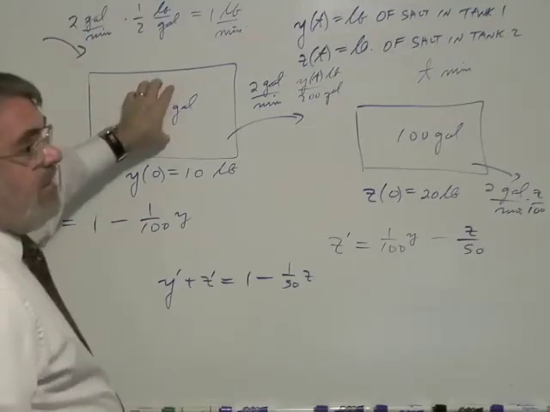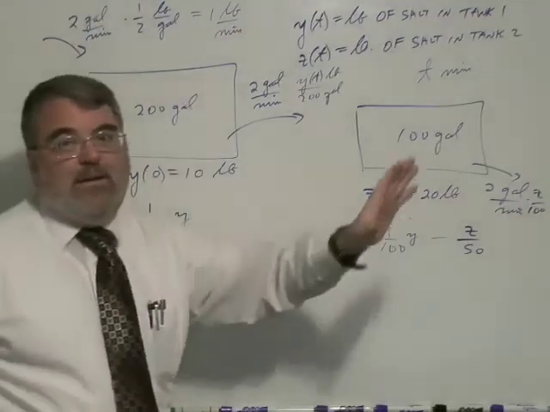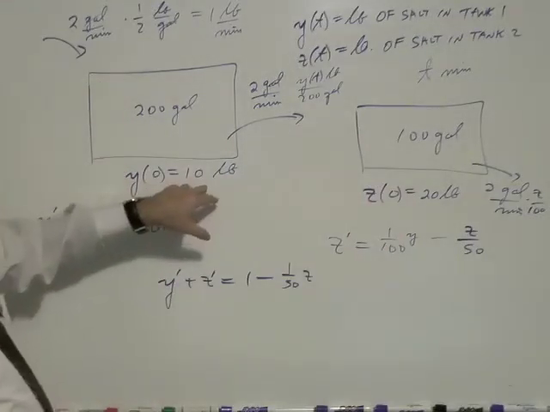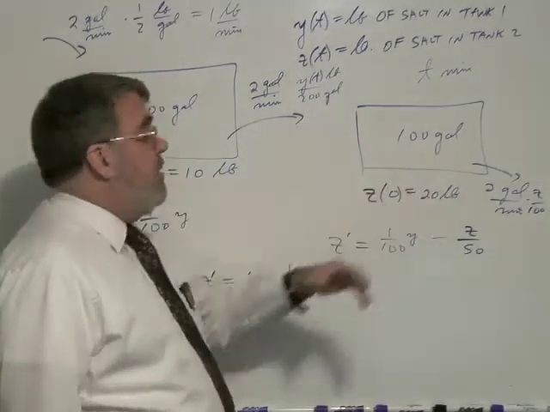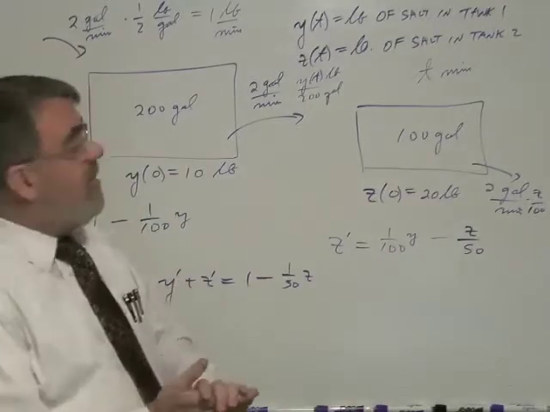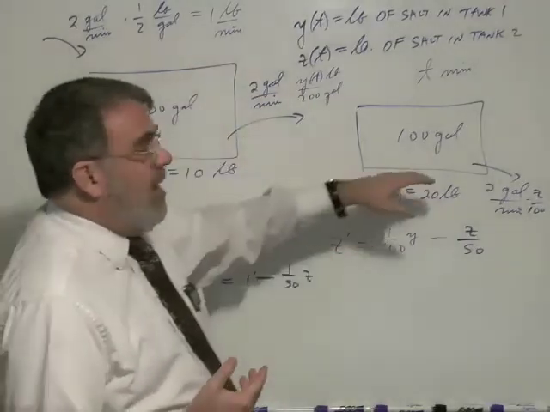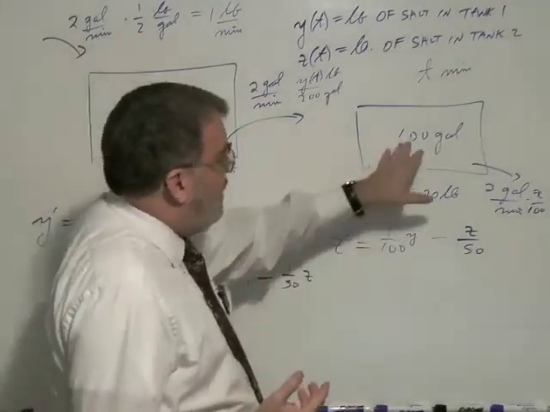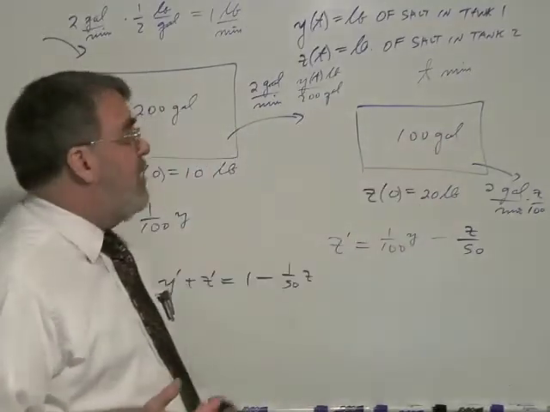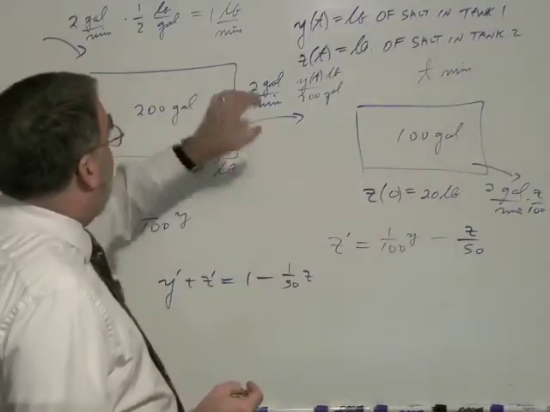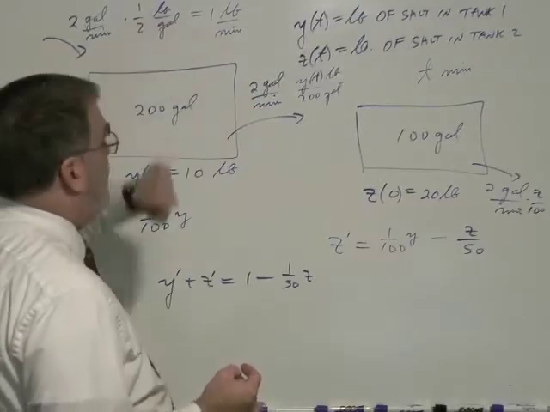That ends up being, as t goes to infinity, this tank goes to 100 pounds. This tank, however, will go to 50 pounds at this concentration. So we expect as t goes to infinity, this function will go to 50 pounds of salt. Again, the same concentration of 1 pound per 2 gallons.